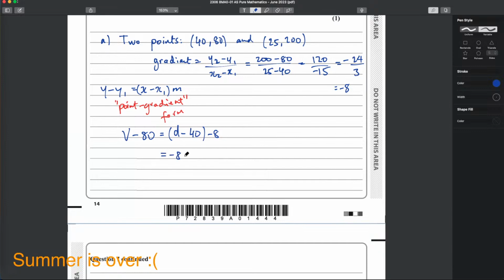This is -8d plus 320. Okay. And then add the 80 to the other side, plus 400.